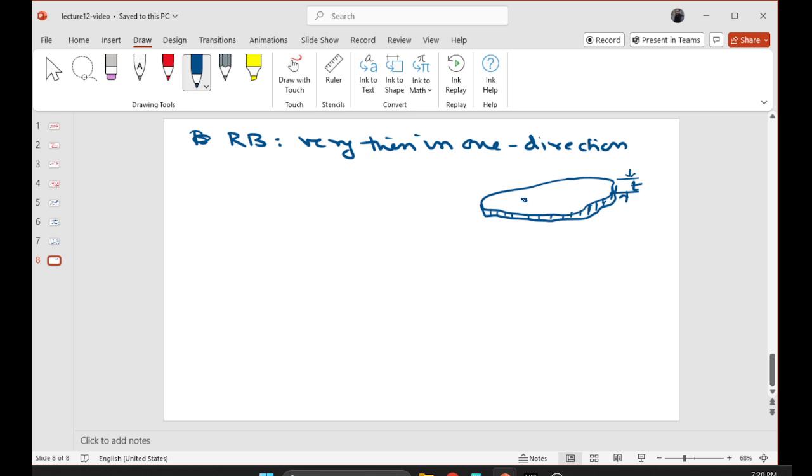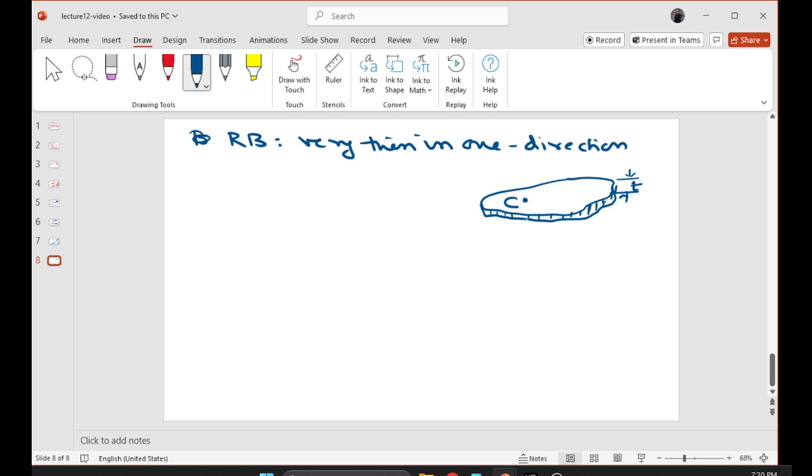then we know that the center of mass will be confined within this thickness itself. The location of the center of mass will be confined within this thickness itself. It may be anywhere on this plane, but it will be confined within this thickness.